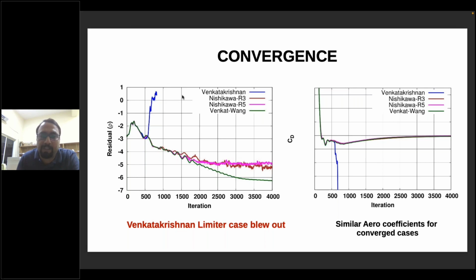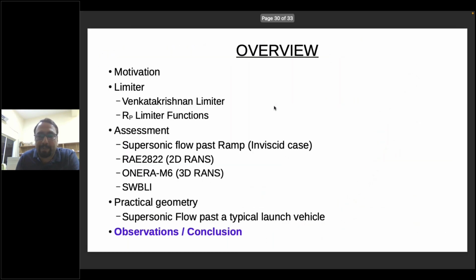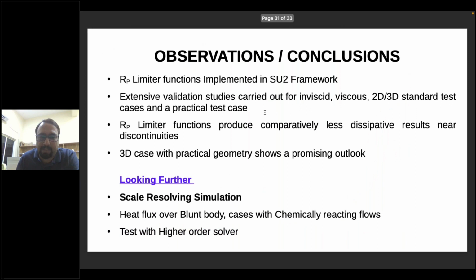They have a little extra cost because the functions are longer, but they have added advantages over the Venkatakrishnan limiter. The formulation is basically aimed at improving upon this particular limiter. So one can try in such situations, and if they do work well, it is a welcome addition to the community.